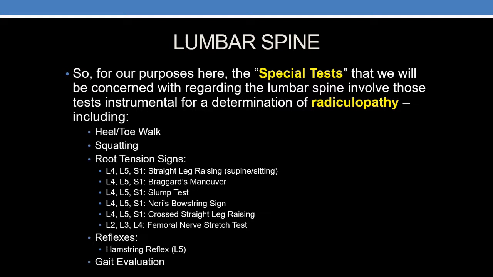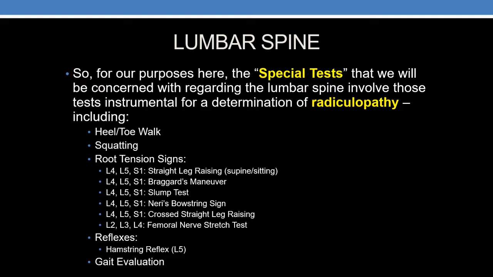Then we'll get into root tension signs, some exam maneuvers that tension the L4, L5 and S1 nerve roots, such as the straight leg raising maneuver, the Braggard's maneuver, the slump test, Neary's bowstring sign, the crossed straight leg raising test, and then also for the L2, L3, and L4 nerve roots, the femoral nerve stretch test.